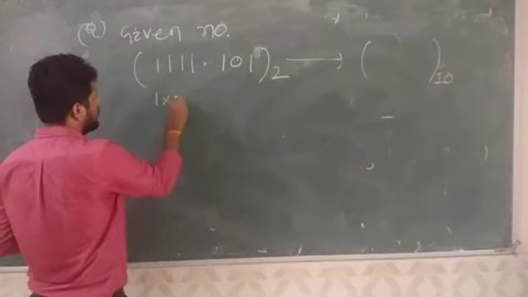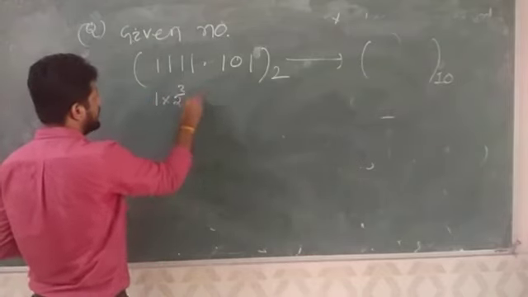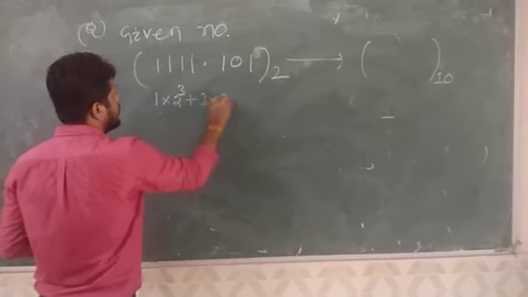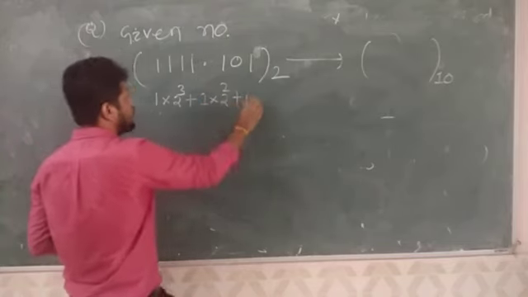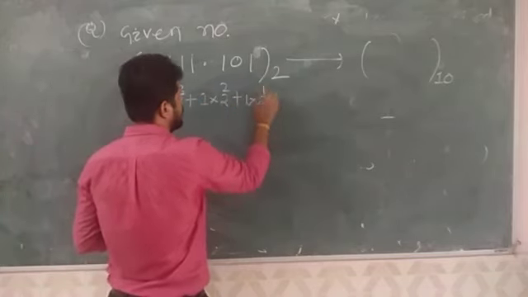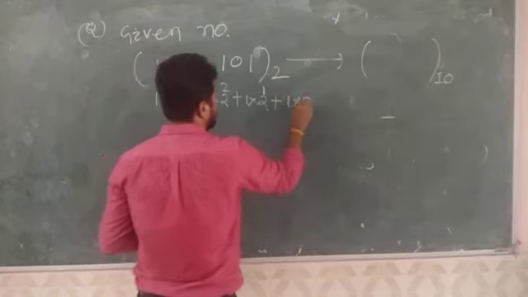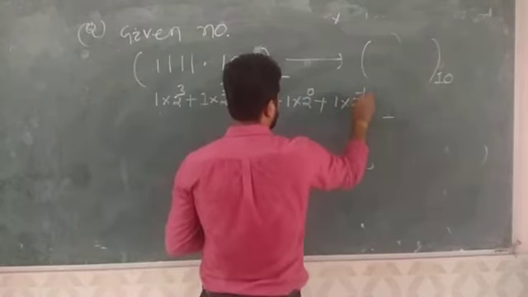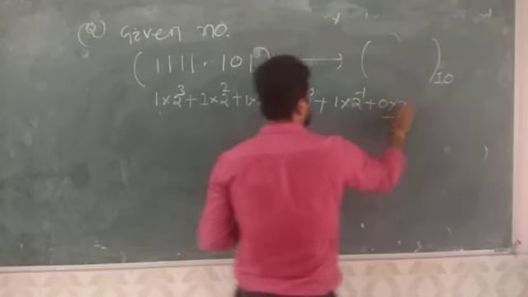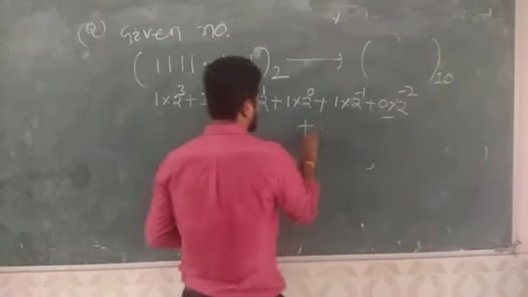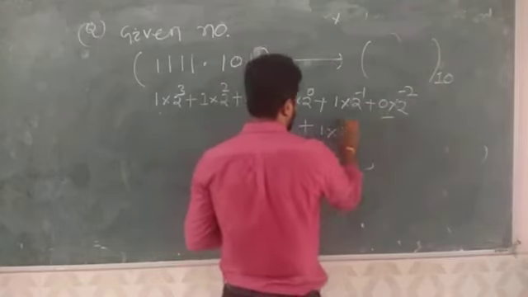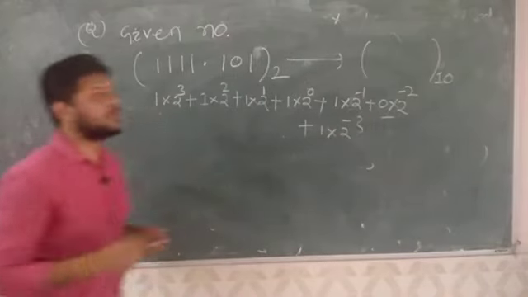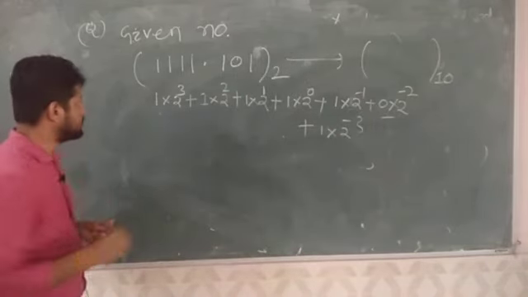So 1 into 2 to the power 3, directly I am writing, plus 1 into 2 square plus 1 into 2 to the power 1 plus 1 into 2 to the power 0 plus 1 into 2 to the power minus 1 plus 0 into 2 to the power minus 2 plus 1 into 2 to the power minus 3. 2 to the power minus 3 means 1 by 8.